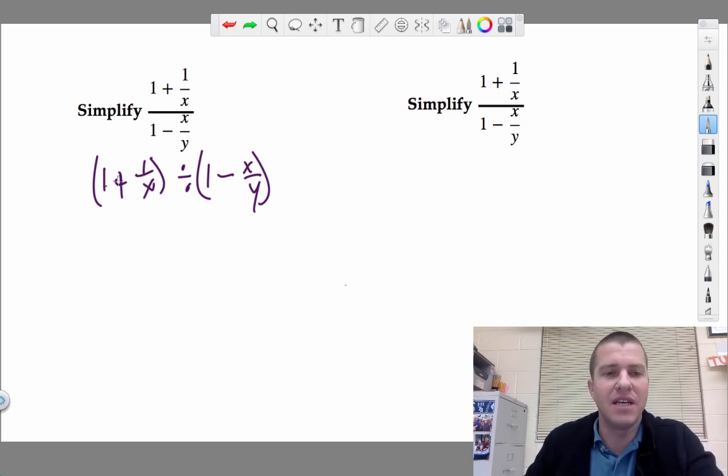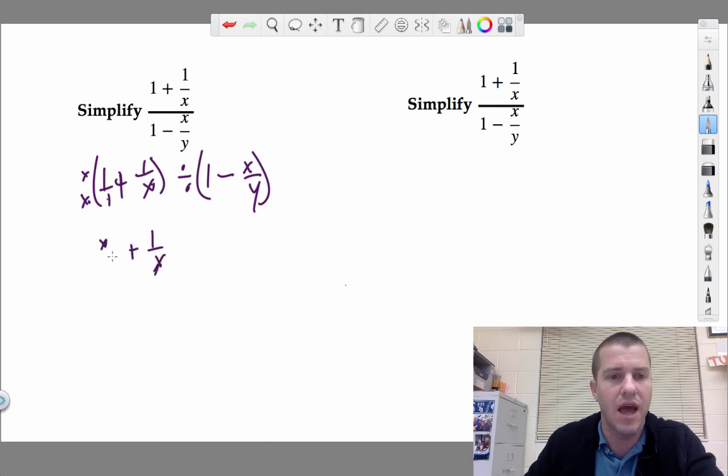Well, my least common denominator here, this denominator is 1, this denominator is x, so it's going to be x. I don't need to change this one. I do need to multiply this one by x and x, so that's going to be x over x, which is still 1, plus 1 over x.